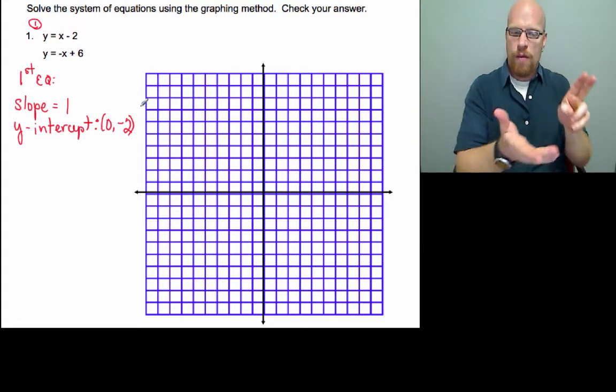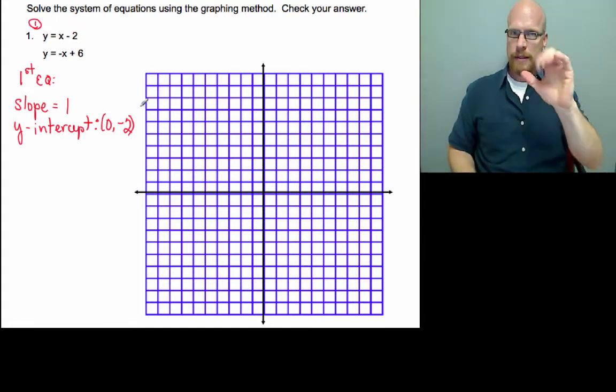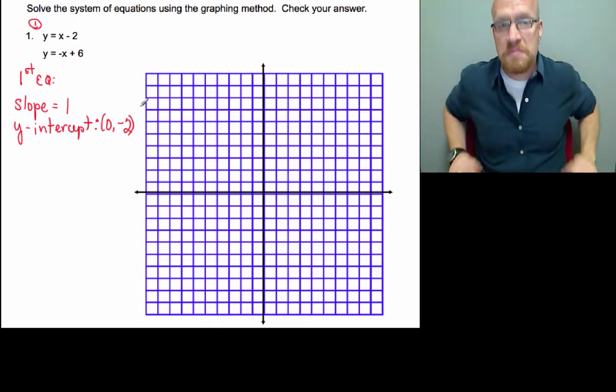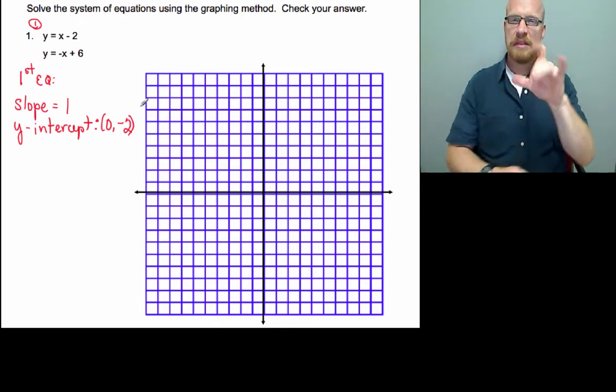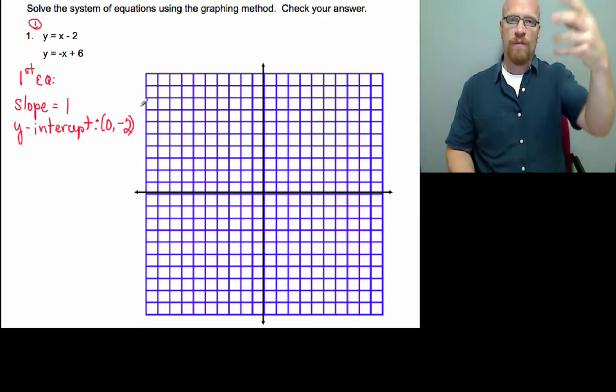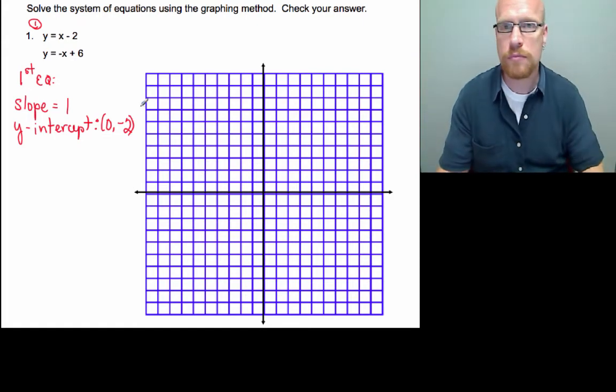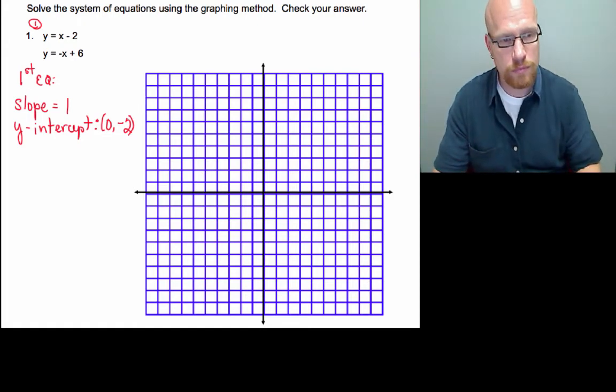Now, before we graph, we have to label our axes, x and y, and label our scale. For now, I'm going to use a scale of 1, 2, 3 on the x-axis, and then 1, 2, and 3 on the y-axis.